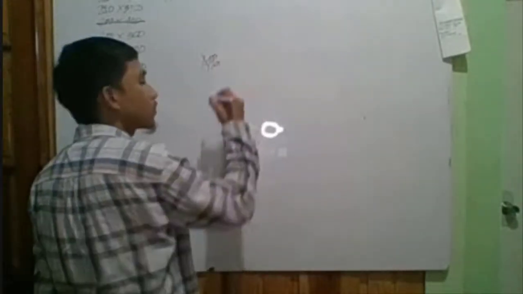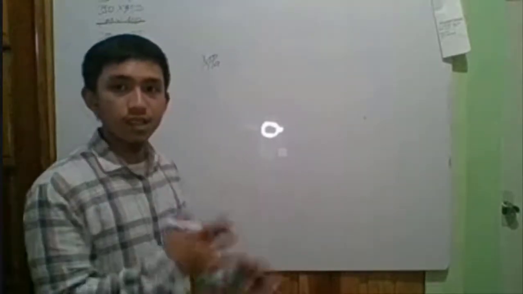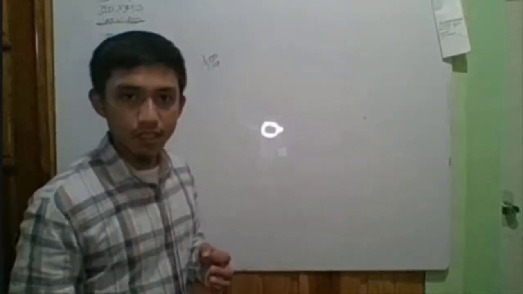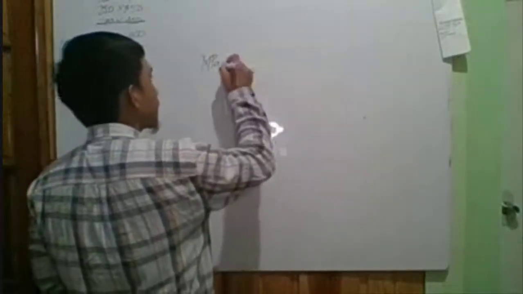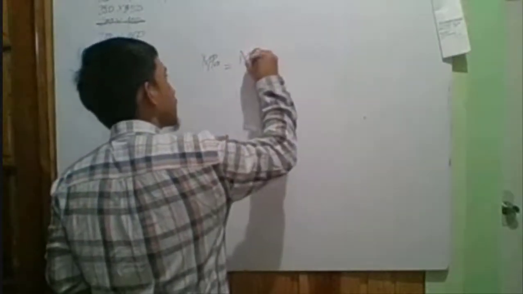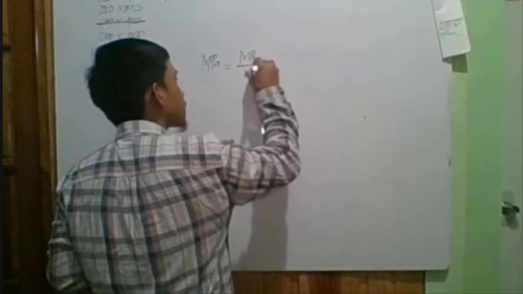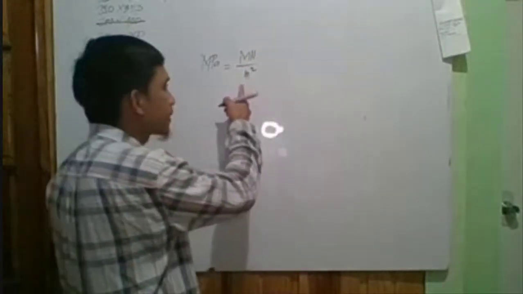Why do we need to convert that one? We should align the units, of course, for the cancellation to happen. So megapascal is equivalent to meganewton per meter squared, which is the original given.